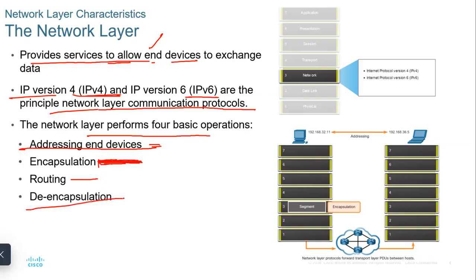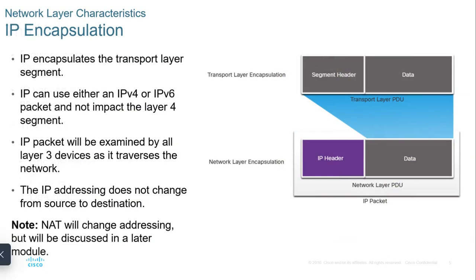We have the encapsulation, meaning that in the process of the layer 3 device trying to learn the source and the destination, it is doing de-encapsulation and wrapping. Encapsulation is wrapping the data with the compatible information at each layer, to prepare it to be sent on the network medium.